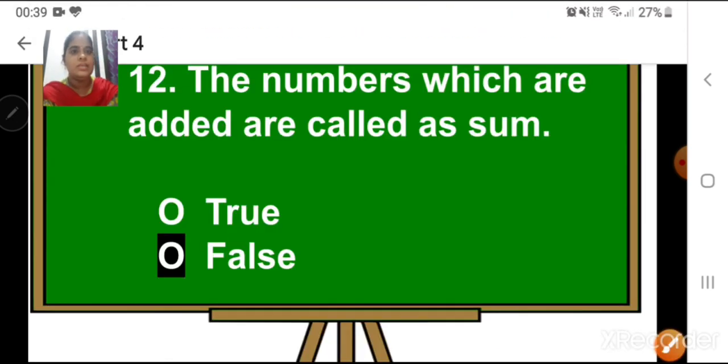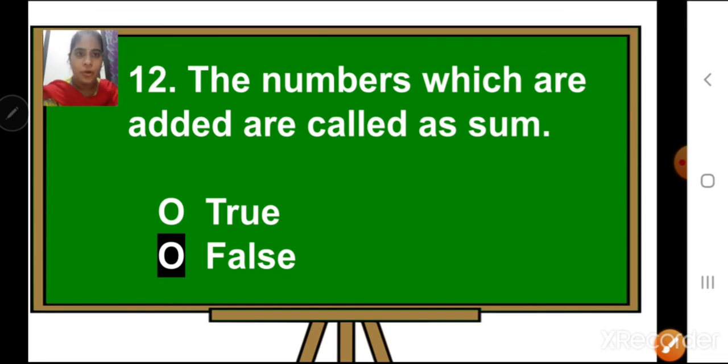So that means this statement is false. The numbers which are added are called addends, not sum. What is sum? Sum is the answer. So it is a false statement. You click on the false option.